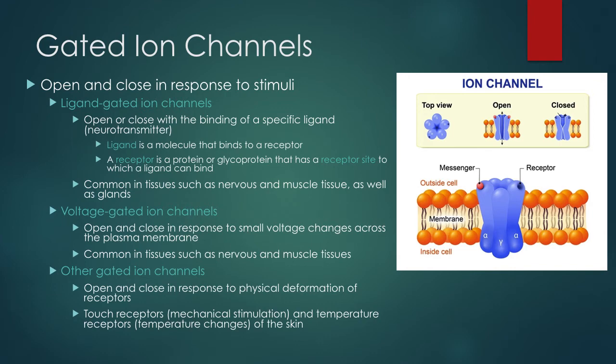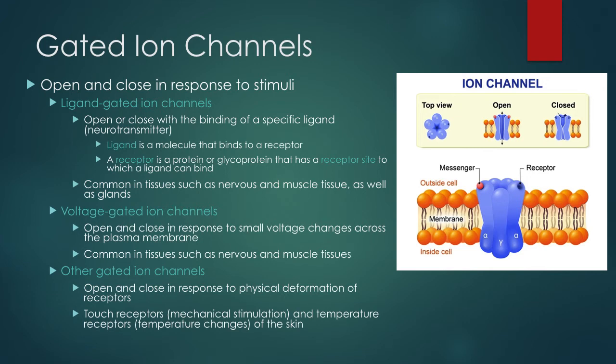What causes the action potential is that there are a series of gated ion channels. These are membrane proteins that can open or close, so they're referred to as gated. And when they're closed, nothing can pass through. And when they're open, certain types of ions can pass through.